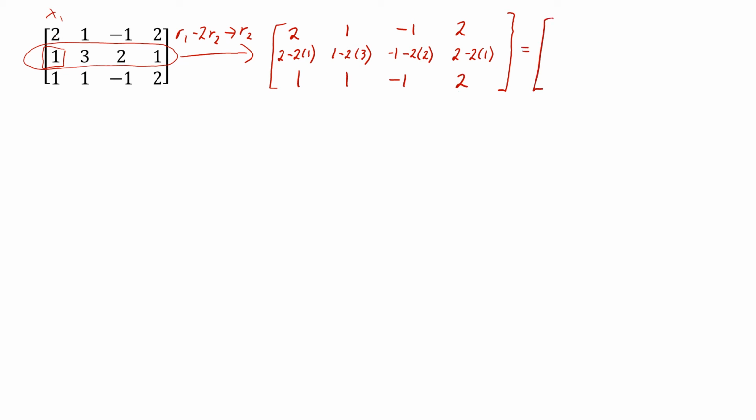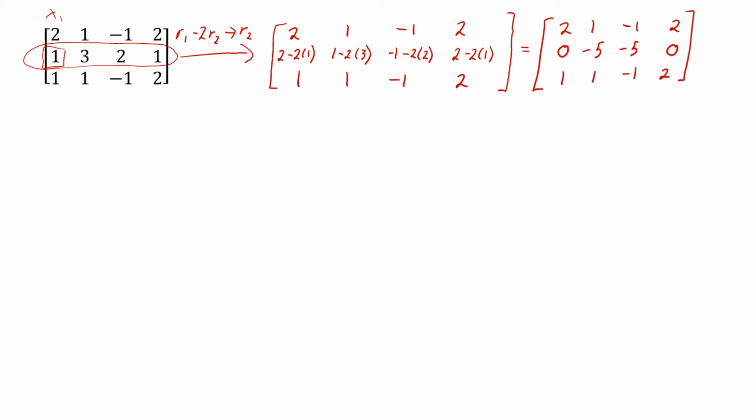What's that equal to? 2, 1, minus 1, 2. My second row becomes 2 minus 2 is 0. 1 minus 6 is minus 5. Minus 1 minus 4 is minus 5. And 2 minus 2 is 0. And my third row stays the same.